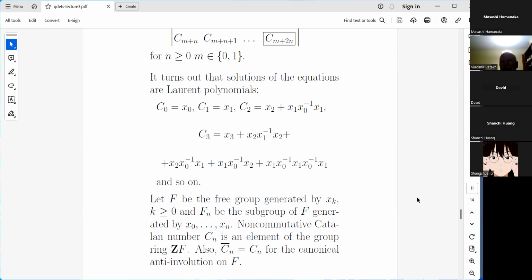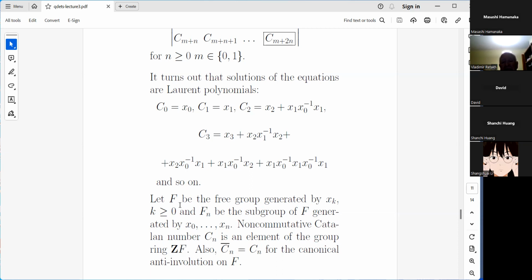Let's use some algebra. You have a free group generated by x0, x1, x2, and so on. You may consider the subgroup which is generated only by the x's up to xn. Now, a non-commutative Catalan number Cn is an element of the group ring, actually this must be ZFn.